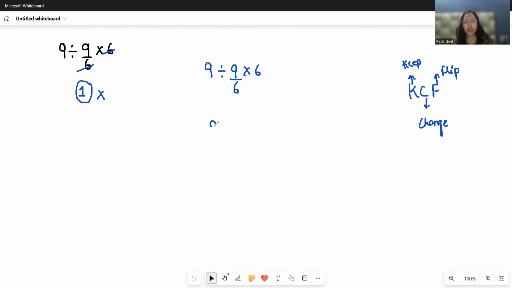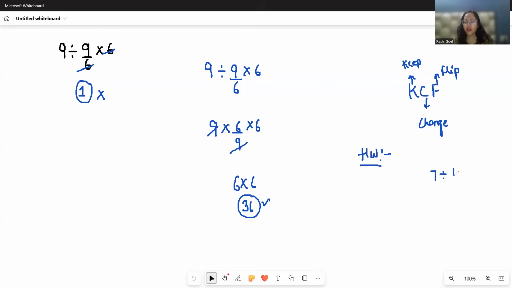So keep the left-hand side, change the symbol from division to multiplication, and flip the right-hand side. Now cancel out 9 with 9, and 6 times 6 is 36. So what is the correct answer? 36, not 1.